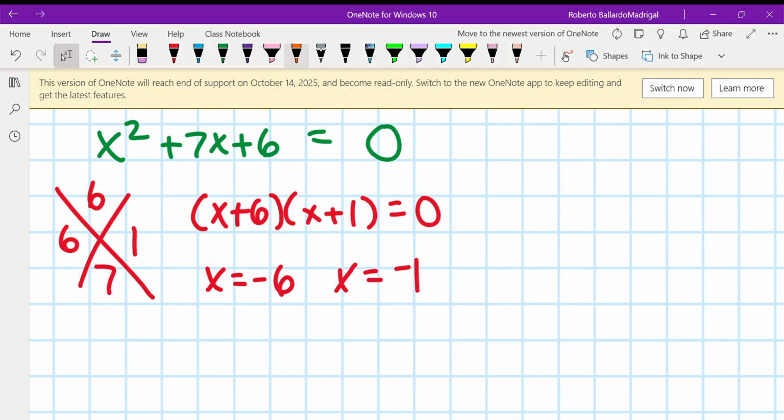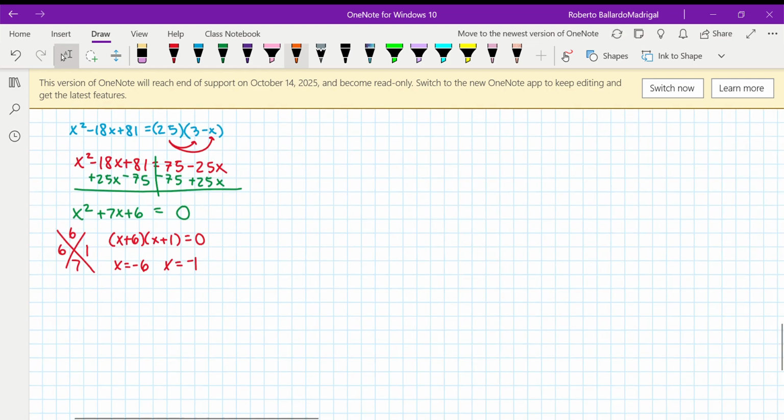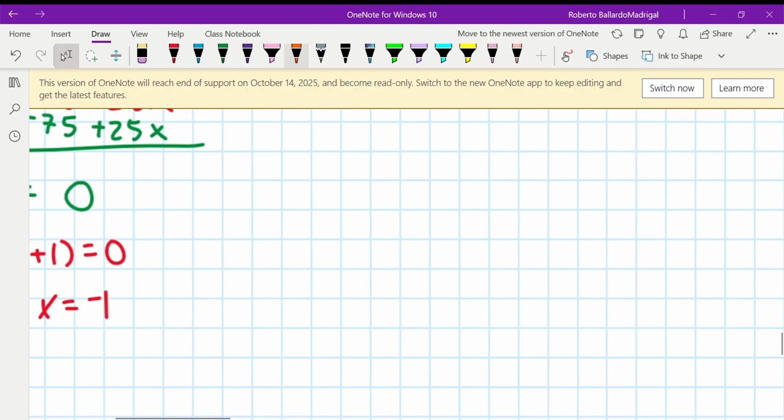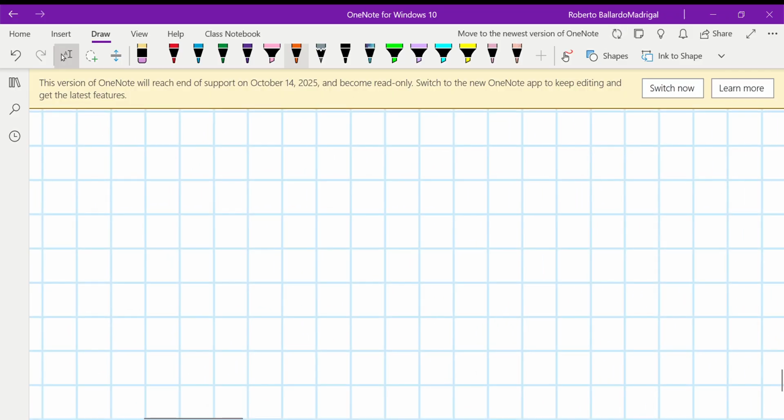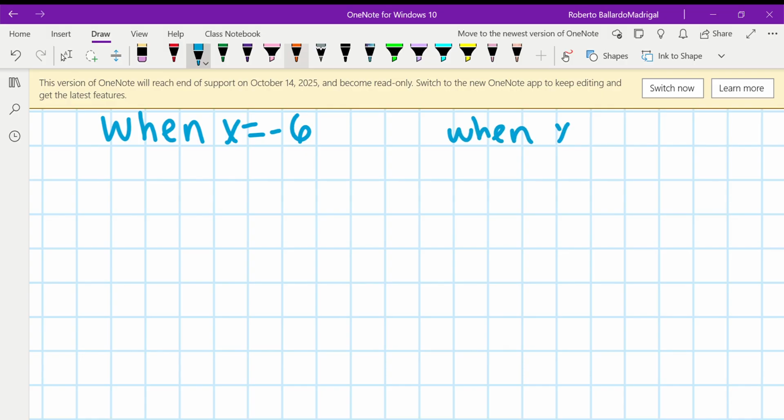Okay, so let's test our solutions. We have x equals negative 6 and x equals negative 1. So let's test the following, when x equals negative 6 and when x equals negative 1.